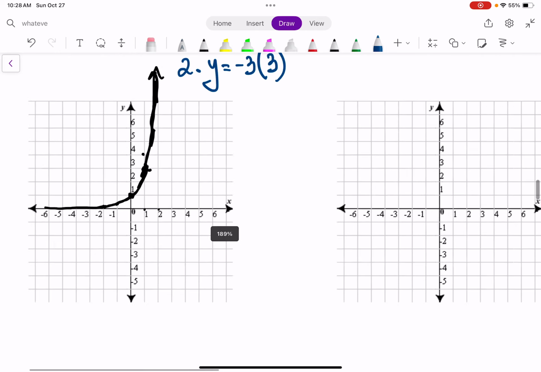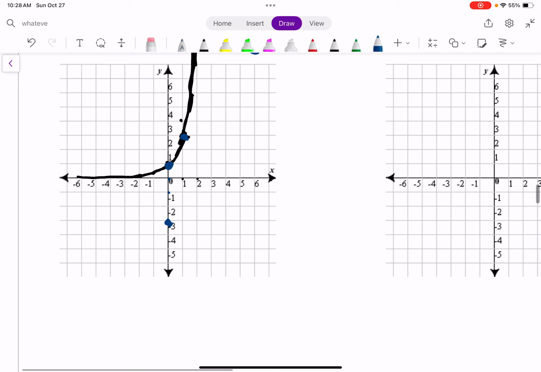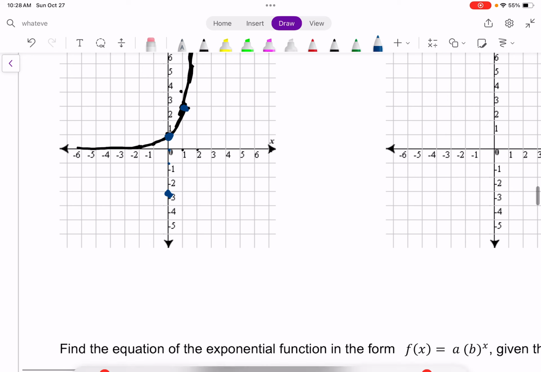So for this, we just basically multiply any y coordinate by -3. So 1 goes to -3. 3 is going to go down to -9, somewhere way down here. 1/3 is going to go to -1. 1/9 is going to go to -1/3, and so on.